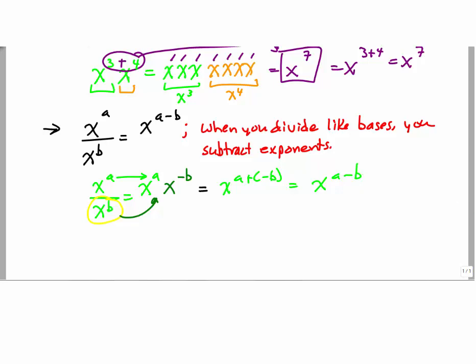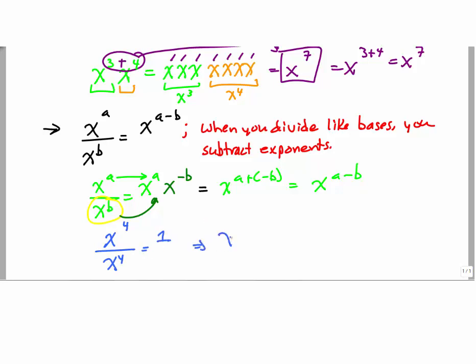Now this also gets us to the conclusion of, okay, well, what about x to the 0 power is 1? Well, let's say we had x to the 4th over x to the 4th. We already know anything divided by itself is 1, so let's start with that.